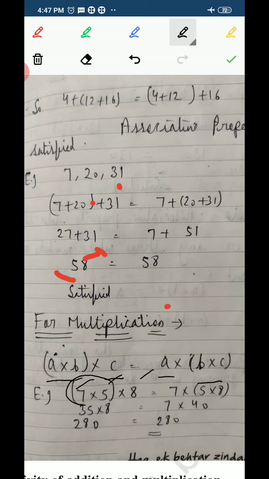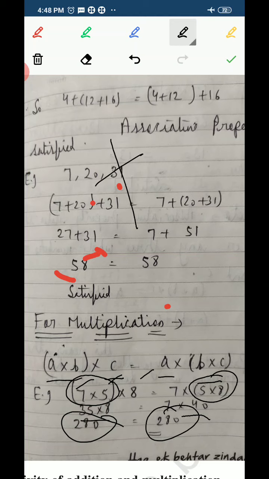First we multiply 7 and 5 to get 35, and we multiply 35 with 8. Here we multiply 8 and 5 to get 40, and 40 is multiplied with 7, but in both the cases the answer is 280, which is the same. So associative property is satisfied for addition and for multiplication, but not for subtraction and division.